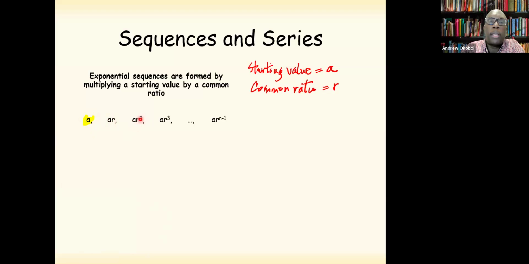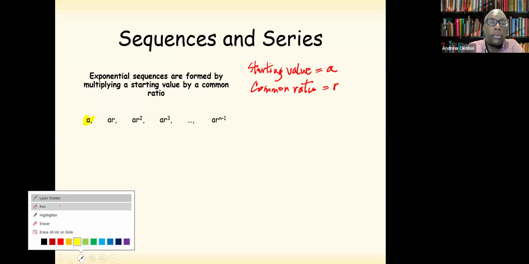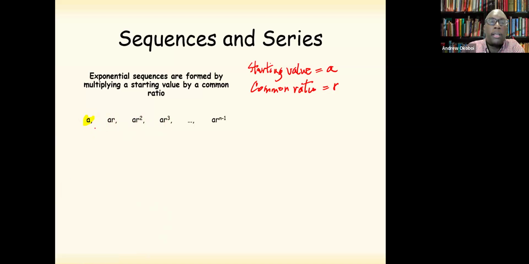AR squared multiplied by R again gives us AR cubed, and so forth.